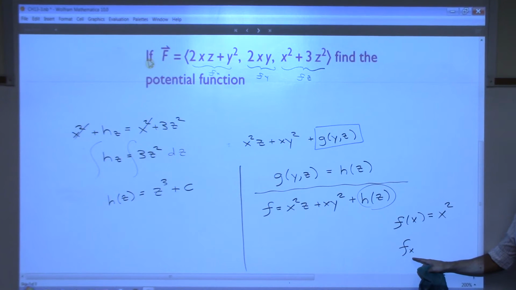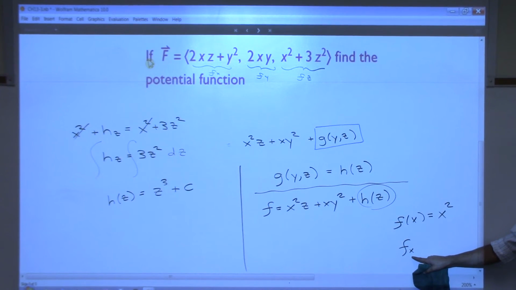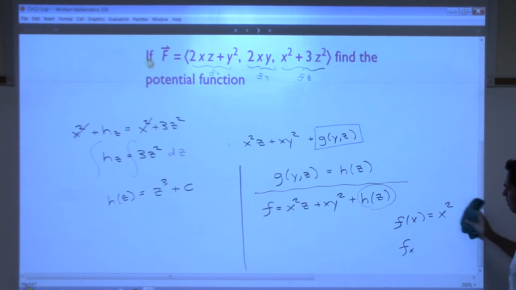This just means treat all other variables as constants, and there are none. So it's the same thing. If you go back and look at notation from Cal 1 for derivatives, there's like 8 different ways you can say the derivative of something, and this is one valid way of saying it.